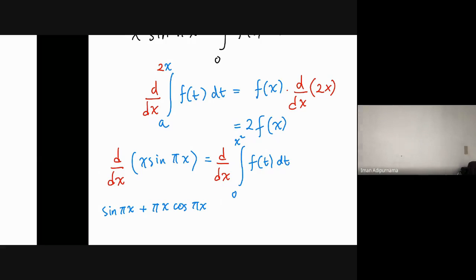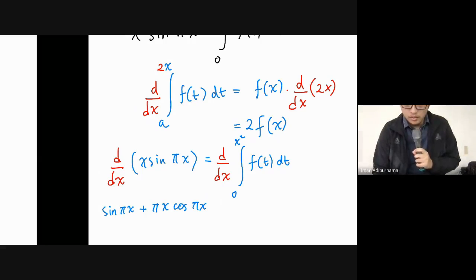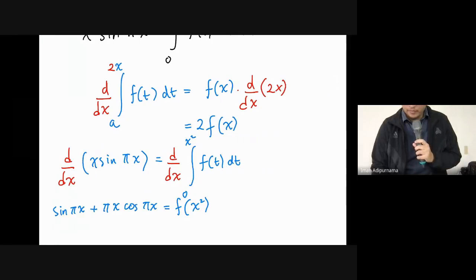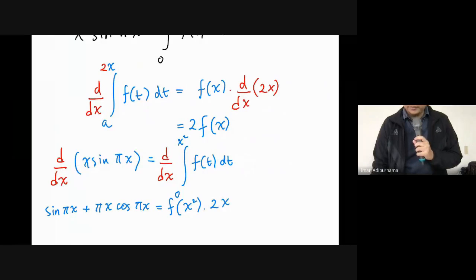The chain rule for sine pi x is cos pi x multiplied by the inside, which is pi, and then multiplied by the x. And then it's equal to f of x squared, and then 2x.